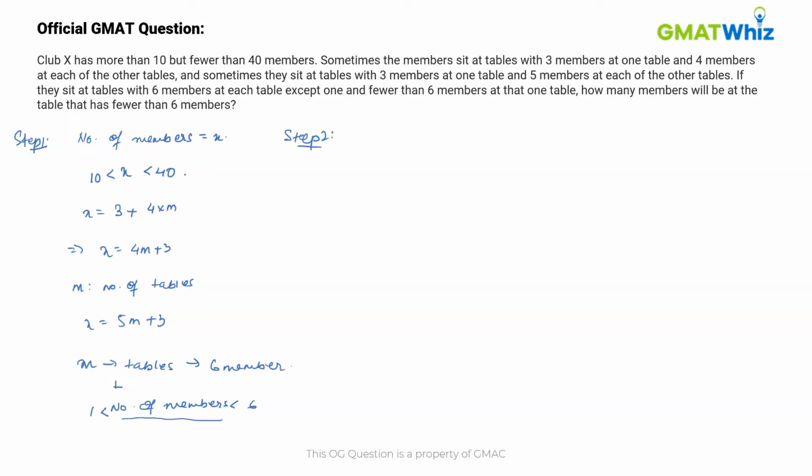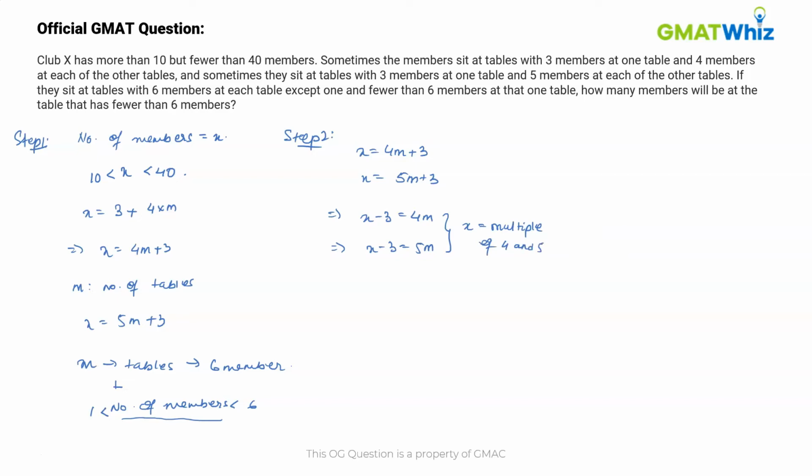Now the two equations we have here are X is equal to 4m plus 3 and X is equal to 5m plus 3. This pair of equations can be written as X minus 3 equals 4m and X minus 3 equals 5m. Now this implies that X minus 3 should be a multiple of 4 and 5.